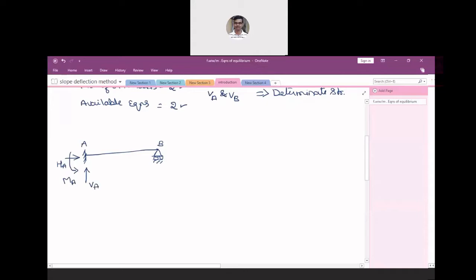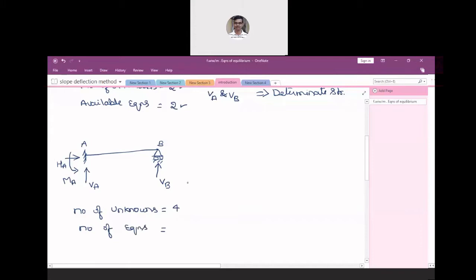And since we have a roller support at B, we'll have a vertical reaction which is perpendicular to the plane of roller. I'll call it VB. So the number of unknowns here are equal to 4.